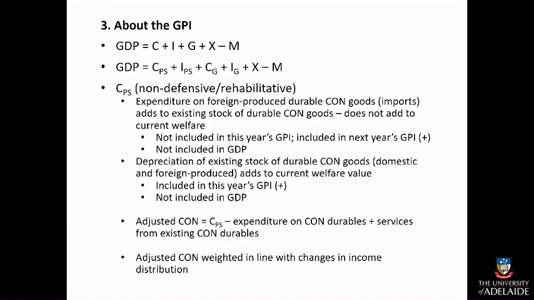Now, in this particular case, whether the products are domestic or foreign produced is irrelevant. Whether the TV set's made domestically or it's a foreign produced TV doesn't matter. You still get the same benefits from a TV over time, whether it's made in Australia or overseas. It's not included in the GDP, of course, for two reasons. Firstly, any foreign produced goods are not going to be included. And of course, GDP only includes what has been produced and purchased in this particular year.